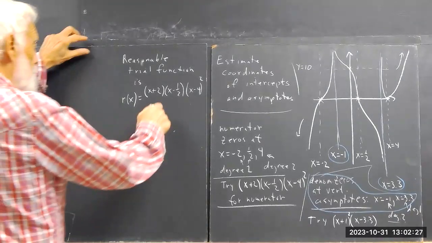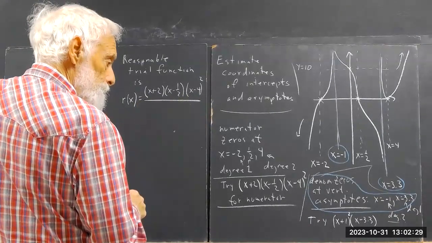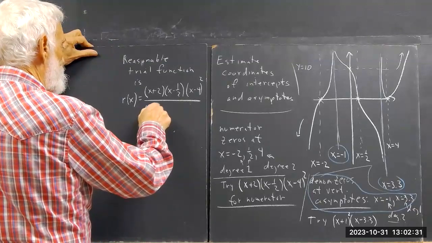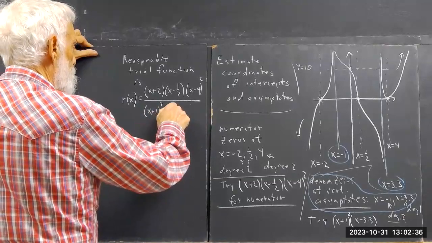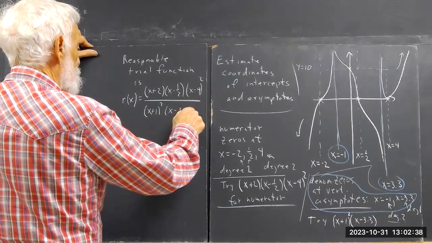Okay. And the denominator is going to be x plus 1 squared times x minus 3.3.